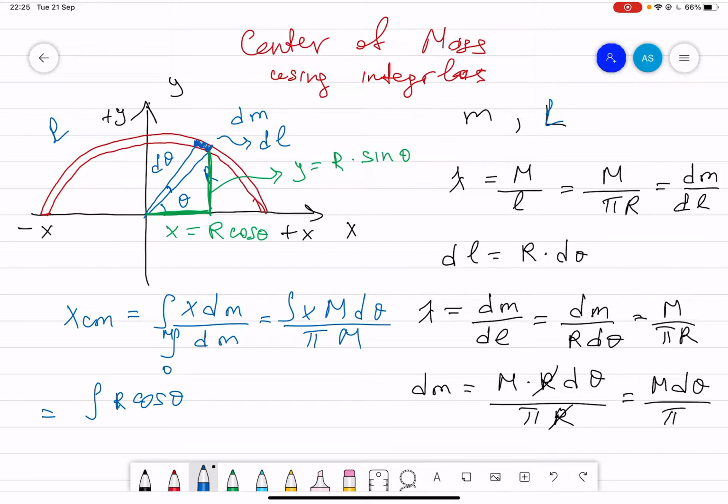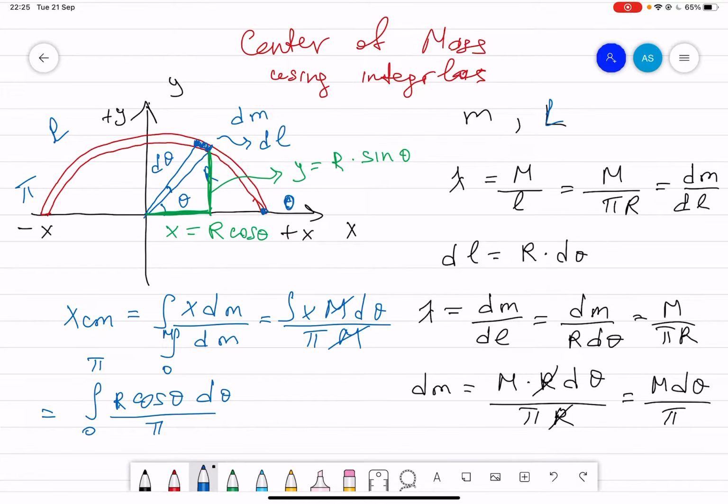Since the mass is constant, we can cancel the masses. We have the integral of r cosine theta d theta divided by pi. Since we are integrating over theta, our limits will start from 0 and end at pi.